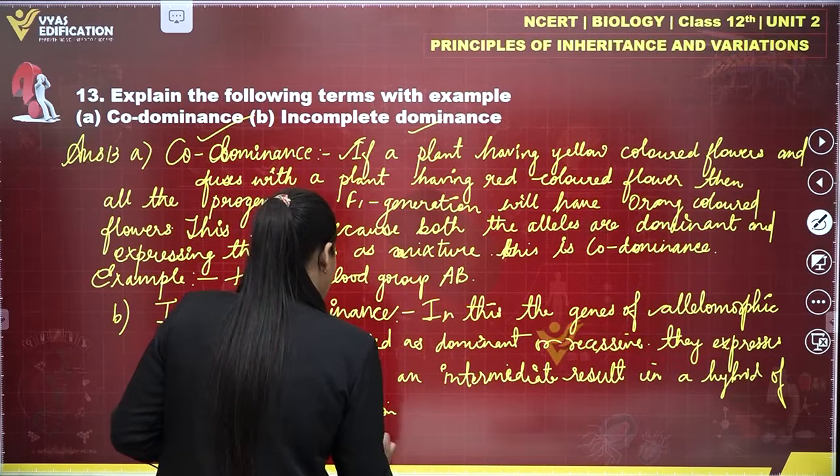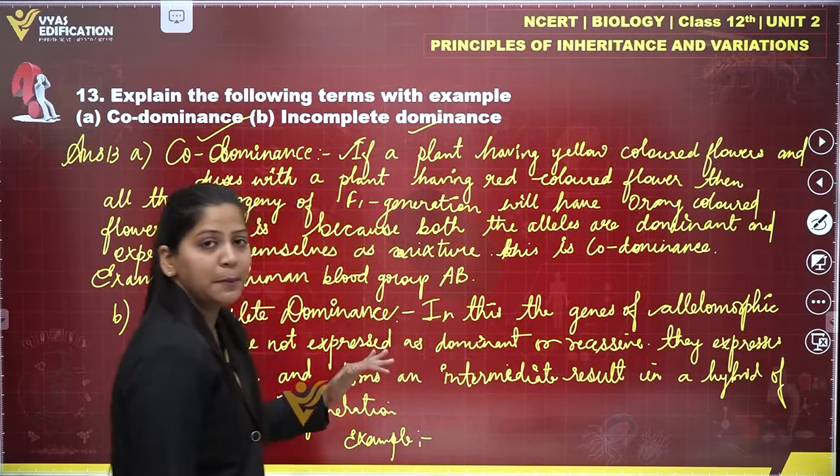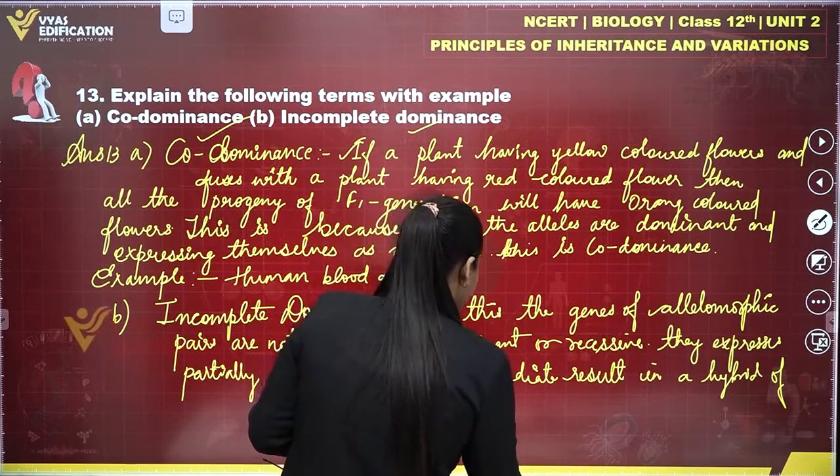A famous example of incomplete dominance given in your NCERT is the snapdragon flower.